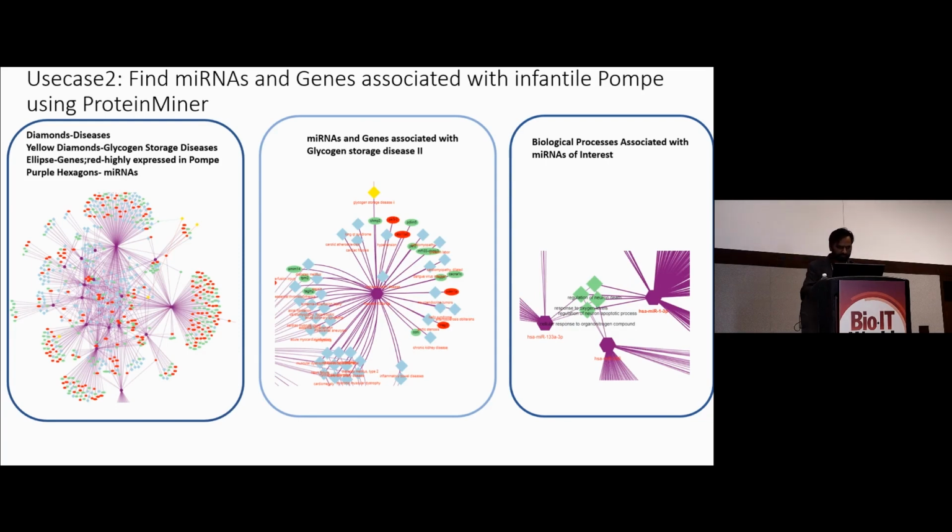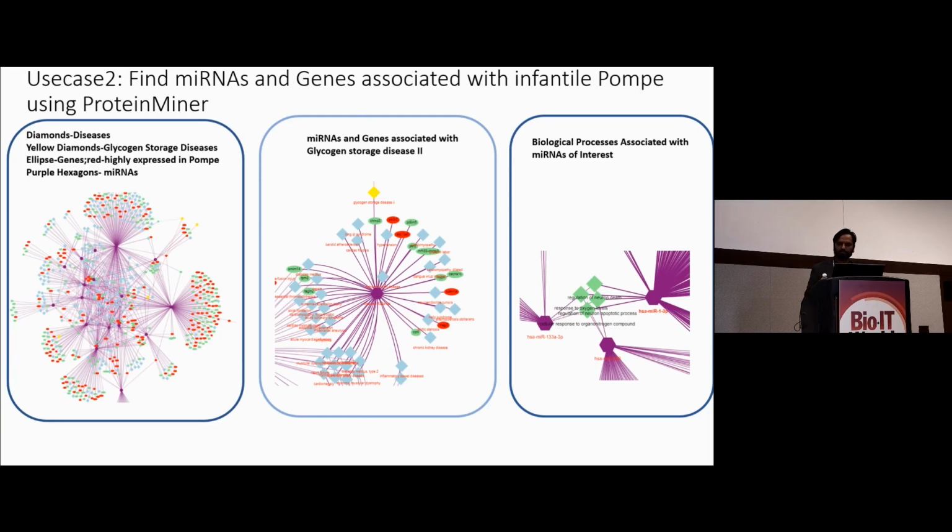I can't read it because of the font here. Anyway, it gives me all other diseases, which suggest the comorbidities associated with Pompe disease. And then you have this expression data that you can overlay on top of it, red being highly expressed in disease in comparison to the control, and green being highly expressed in controls. And then you can start asking other questions.